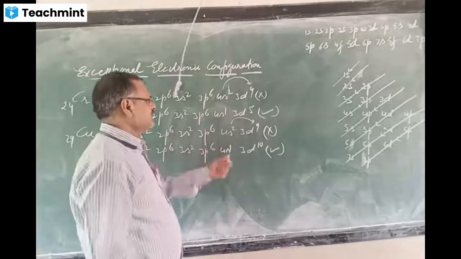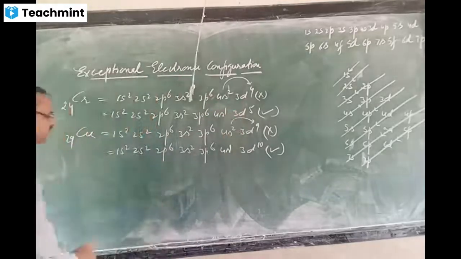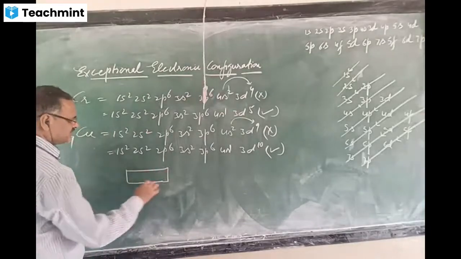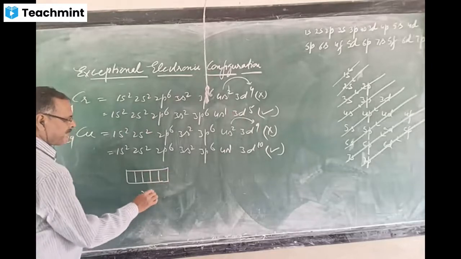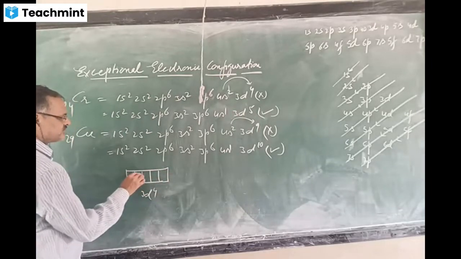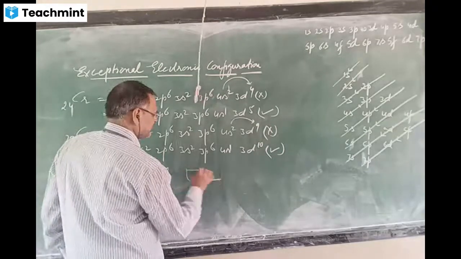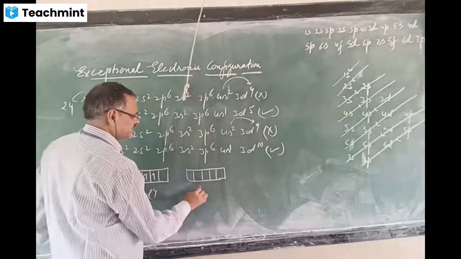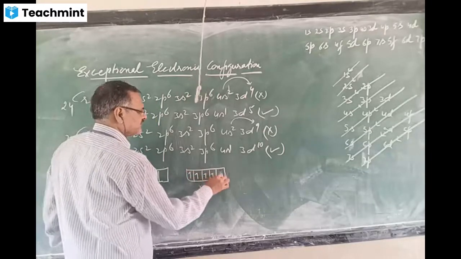Just see the difference between 3d4 and 3d5. This is 3d4: 1, 2, 3, 4. Then here this is 3d5: 1, 2, 3, 4, 5.